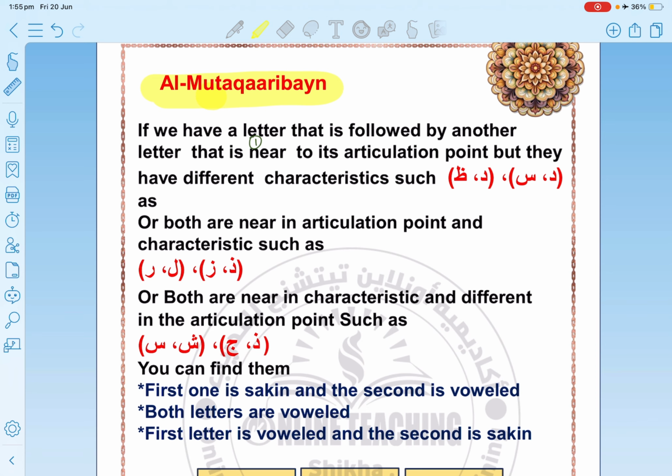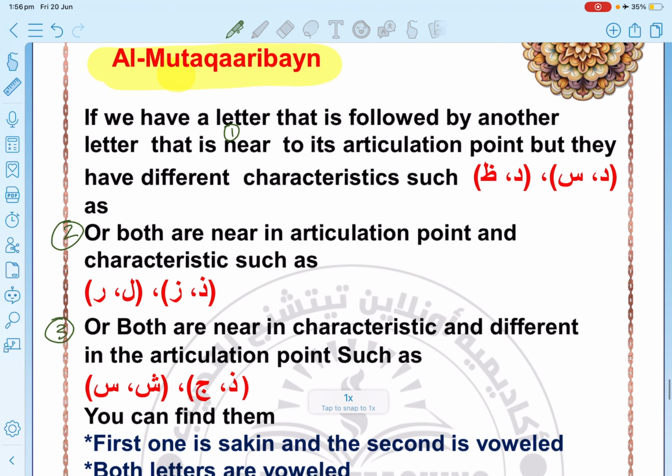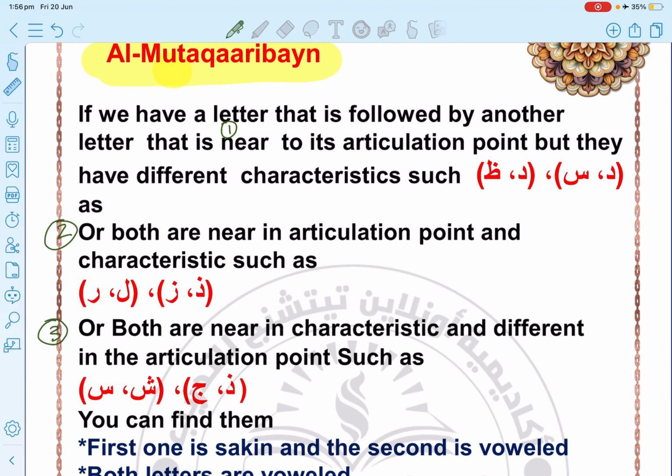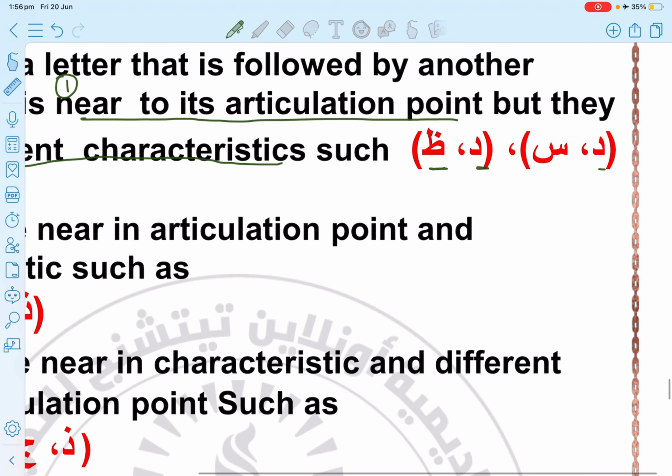Now let's move to the mutaqariban, المتقاربان, or the two close. This is the other name. Here we have 3 cases: case number 1, case number 2, and case number 3. In the first, both letters are near in their articulation points but have different characteristics, like dal and sin.